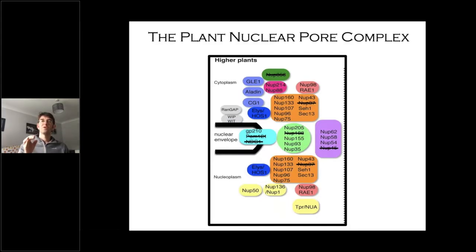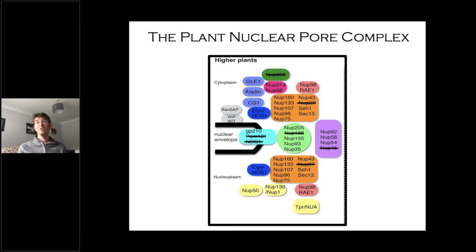And oftentimes these are called nuclear porins, or abbreviated to NUP. You can see here, this highlights the number of nuclear pore proteins, nuclear porins, which are present in the plant. And for the most part, plant systems share the same number of nuclear porins with mammalian and yeast systems.